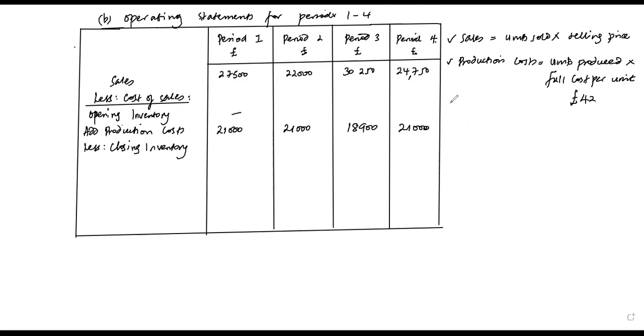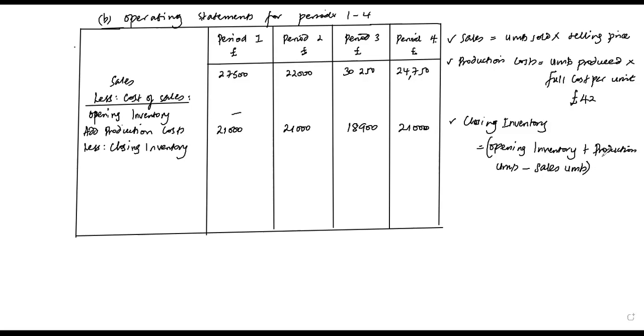Closing inventory. How do we get a closing inventory? Here we get the opening inventory plus the production units, less the sales units, the units sold.